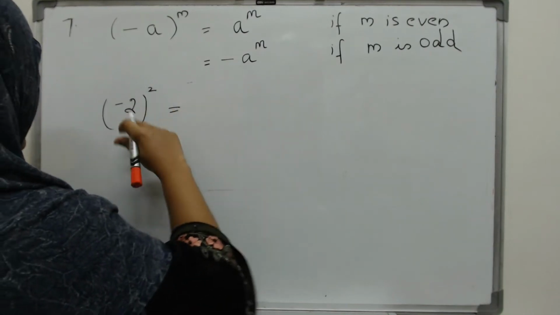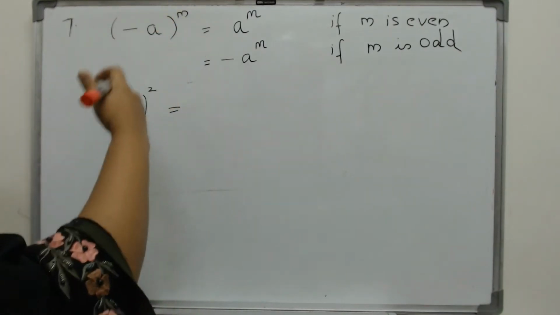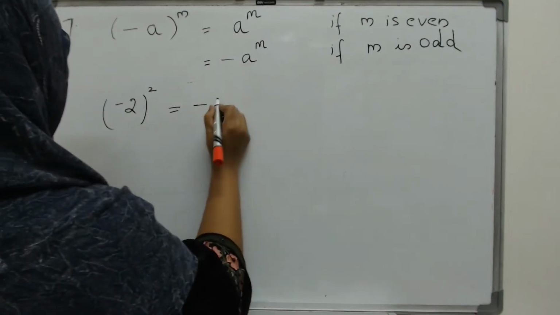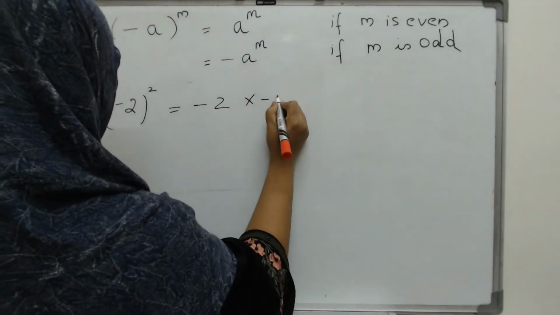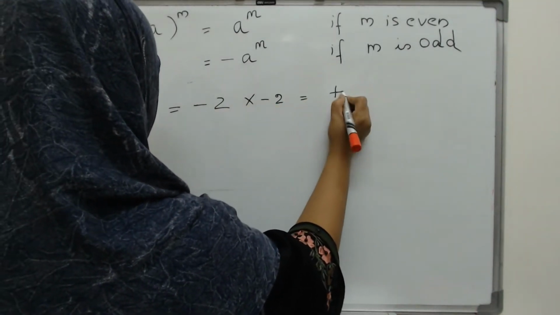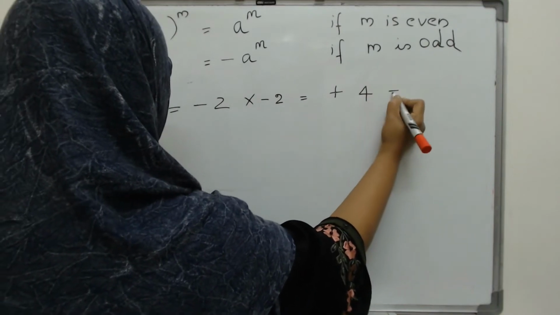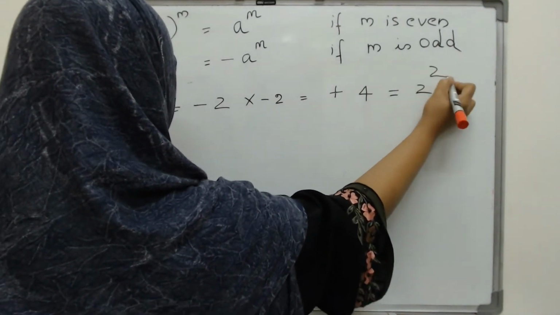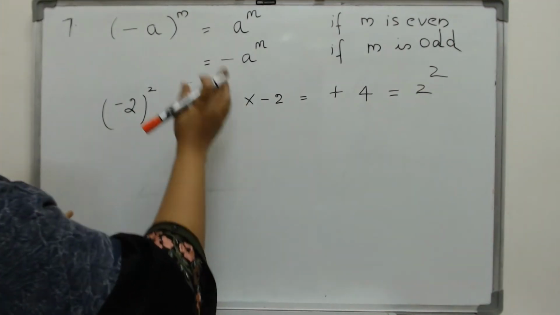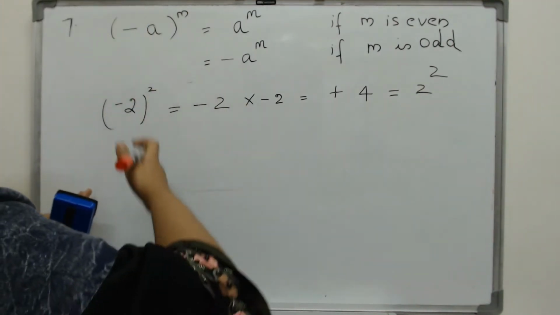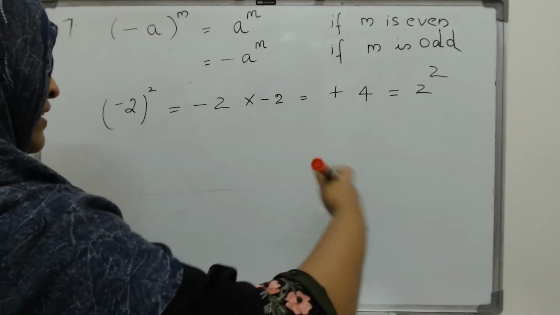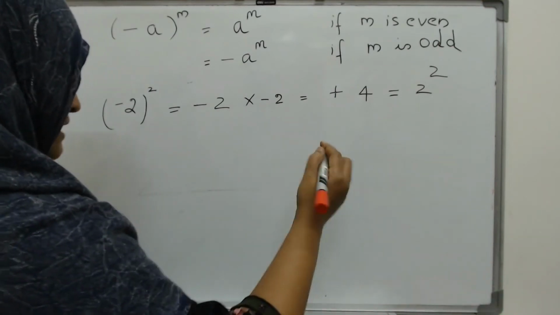Minus 2 raised to 2 is the square of minus 2. That would be minus 2 into minus 2, which is plus 4. What is plus 4? It is the same as 2 square. So why is that?